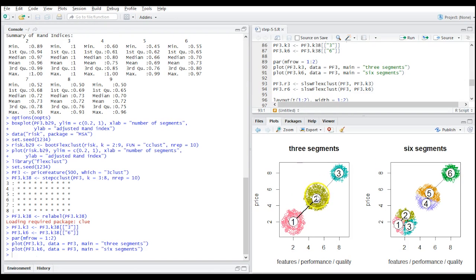So the neighborhood graph gives us the centroids of our segmentation solution. The edges indicate how close they are, and we have the data points themselves, and there would also be the convex hulls.